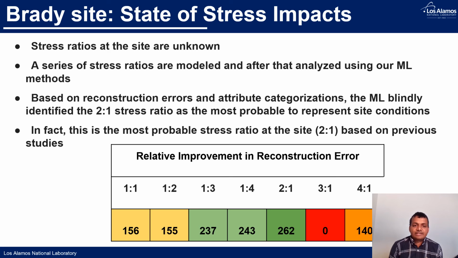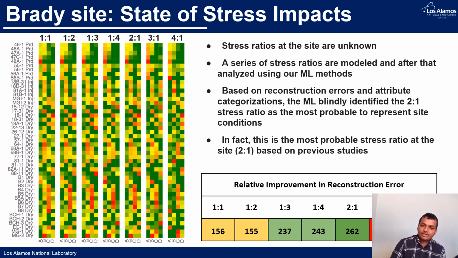Originally the stress ratio at the site is unknown, so a series of stress ratios are modeled and we used our method NMFK to find the best suitable stress ratio. We found the 2:1 ratio is the most probable one, which was also found by previous studies. Here you can see the signatures; we found 6 signatures, and we can also find how these types of oil define those signatures and the stress ratio.